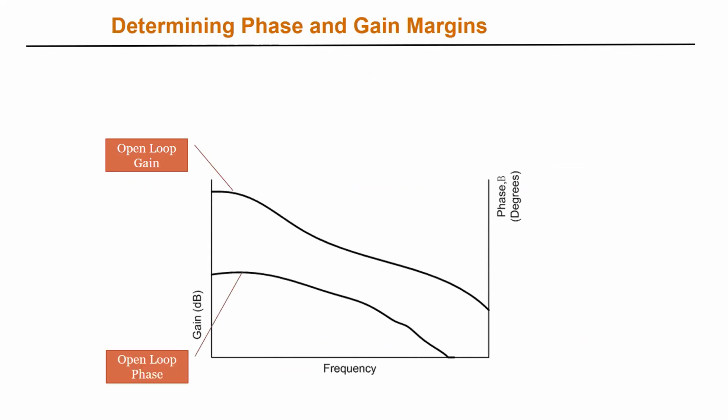What I have here, the upper graph represents the magnitude, while the lower graph represents the phase. So let me now, on all those graphs, define the gain crossover frequency and the phase crossover frequency.